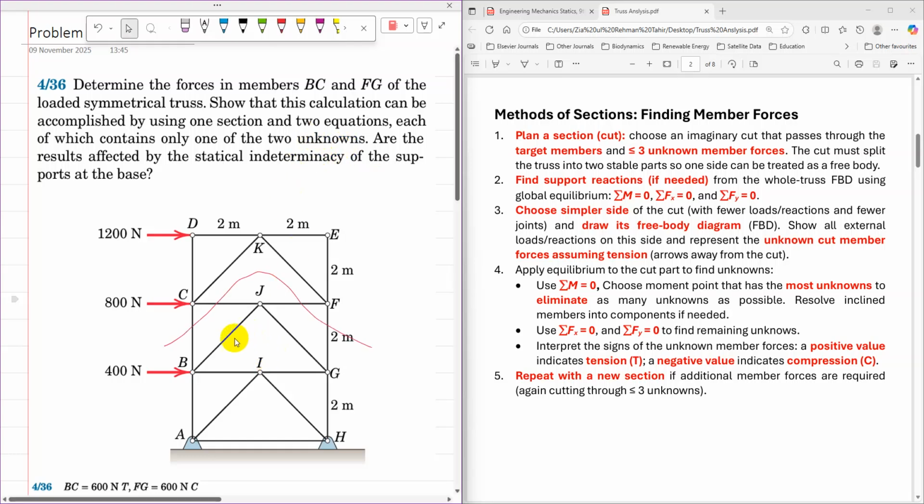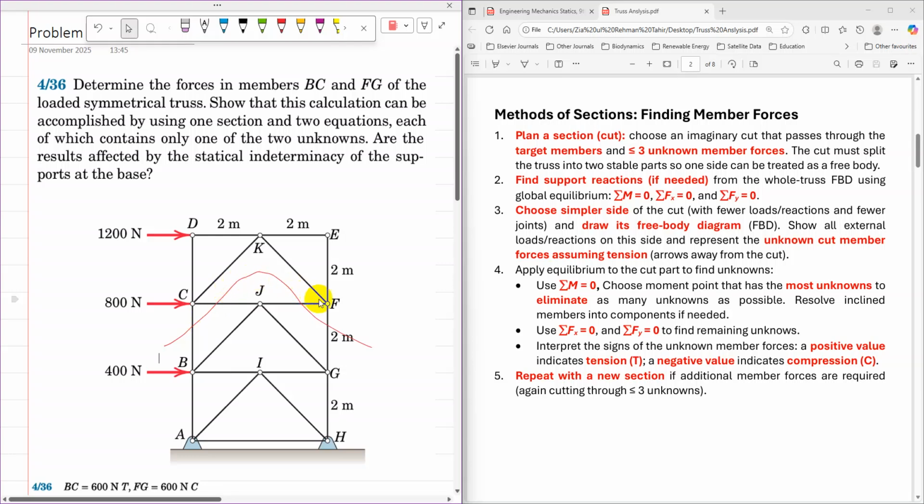Cutting from here, again at the cut there are four unknowns, but those can easily be eliminated by taking moment about point C. If I take moment about point C, then BC, CJ, and FJ, three unknowns, pass through C. So it is possible to find the unknown FG by taking moment about point C. Similarly, if I take moment about point F, then FG, FJ, and CJ all pass through point F, so it is possible to find BC using a single equation.